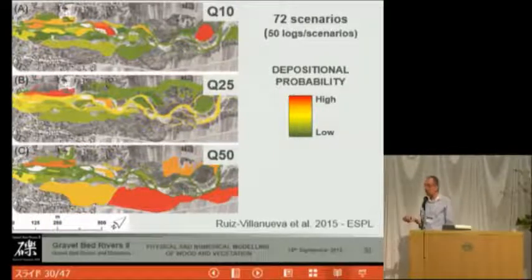And this analysis can be quite relevant for river managers, because in this way, you can predict where wood is deposited and also how much wood can be deposited. And this can be relevant if you have a bridge downstream, as it was in this case.